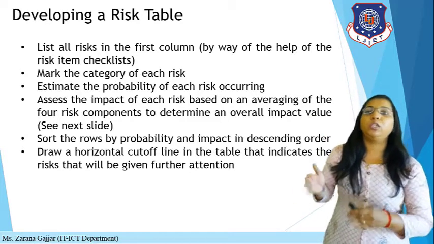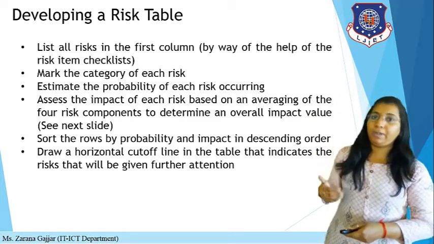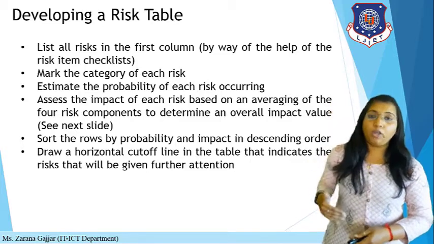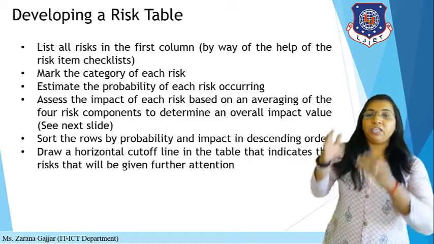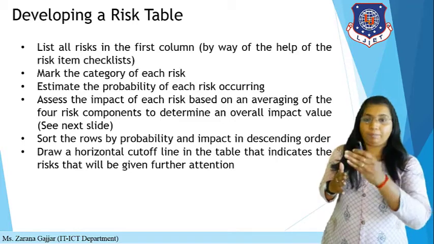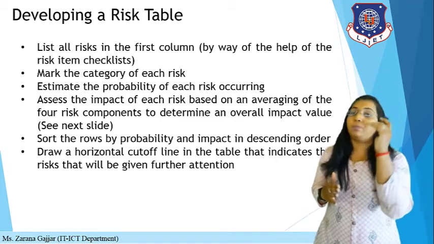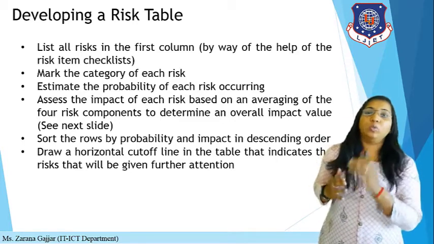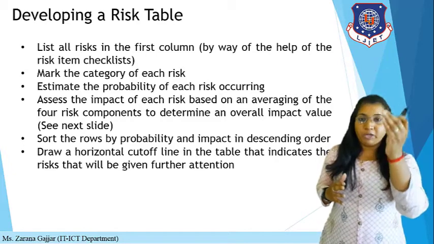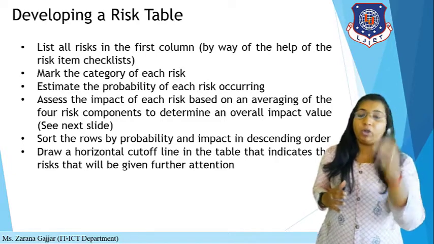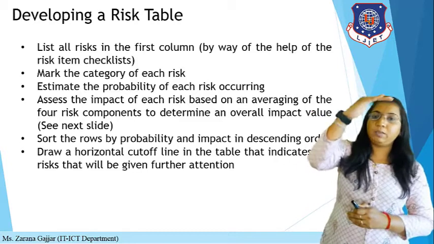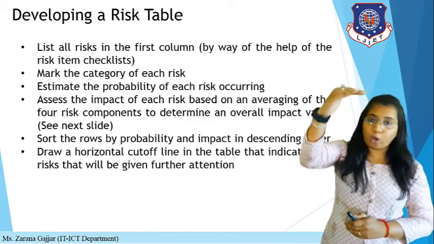Then you have to sort the rows by probability and impact in descending order. If you arrange them in descending order, then you are able to analyze which is the highest priority risk, with the highest probability and highest impact at the topmost.